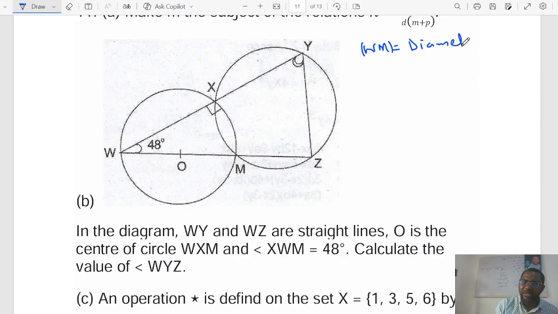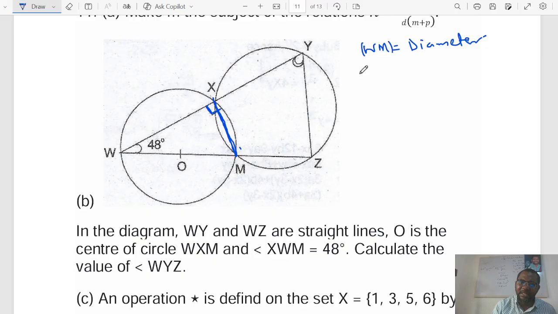And there is a rule about angle that's subtended by a diameter. Since this line passes through the center of the circle, from here I can draw a straight line touching X, because we know that the angle subtended by a diameter is always 90 degrees.